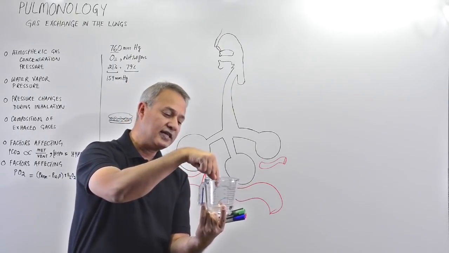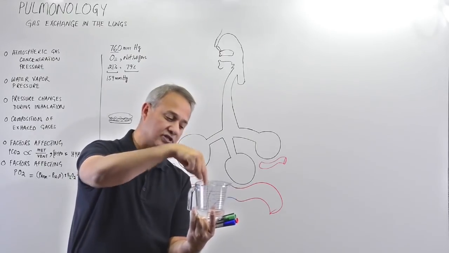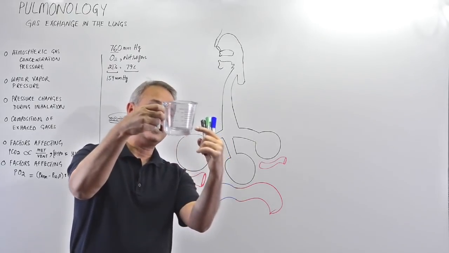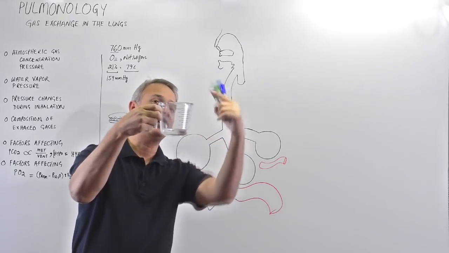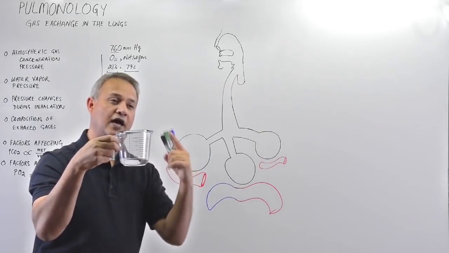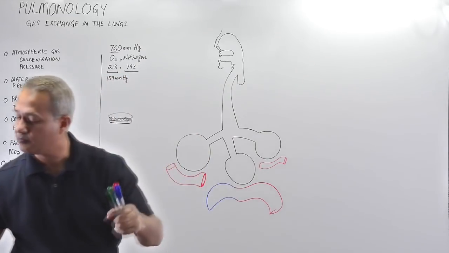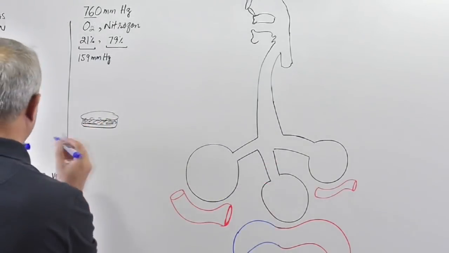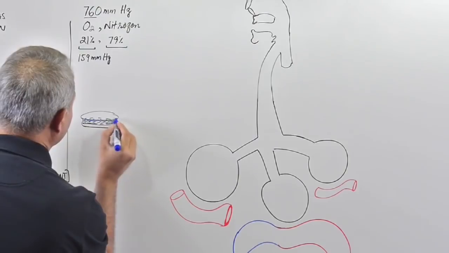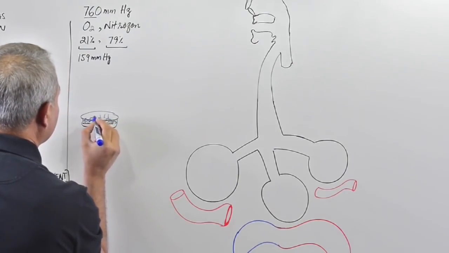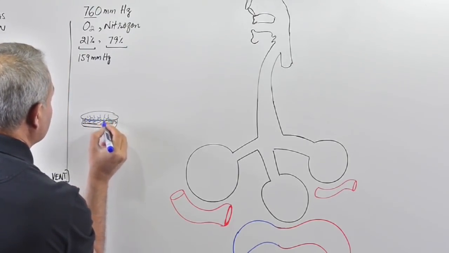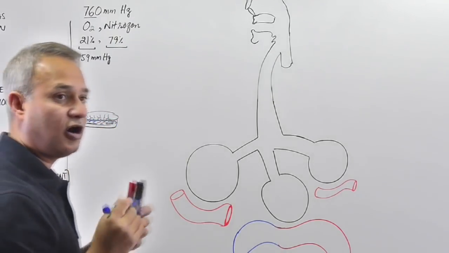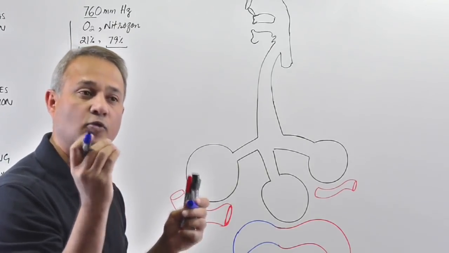Do you think that the amount of oxygen and nitrogen near the surface of the water is the same as here? I hope you said no. That is the important thing, and I can explain why not. Look, water is evaporating. So in the area right above the water, some percentage of the space is taken up by water vapors.